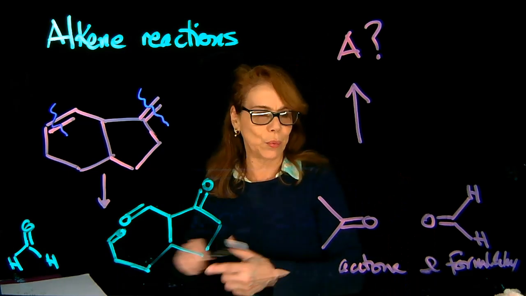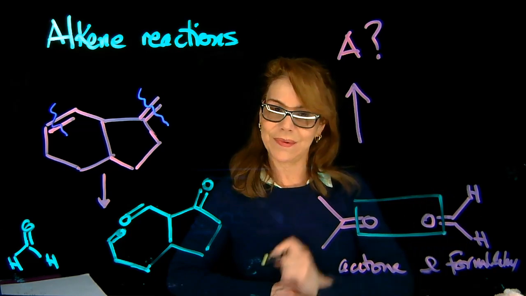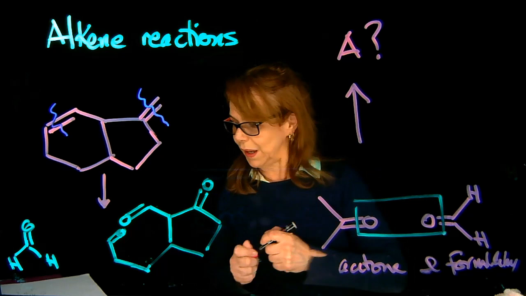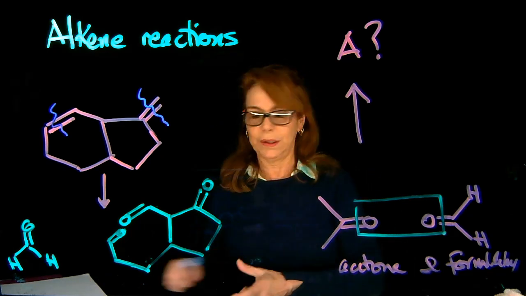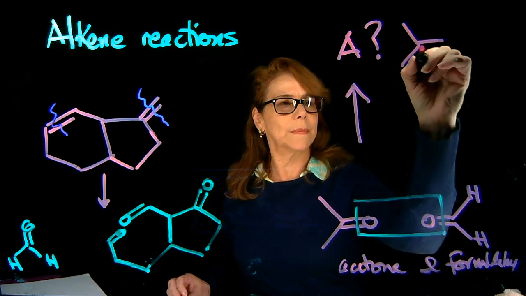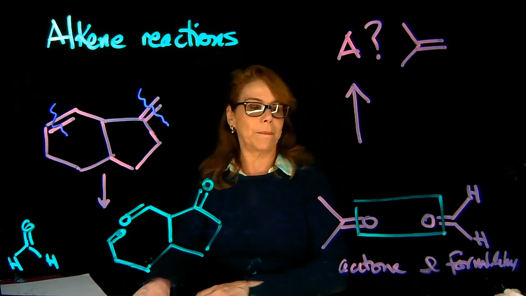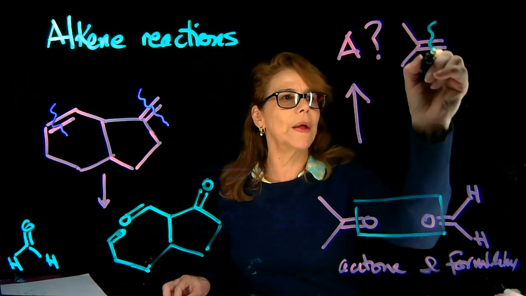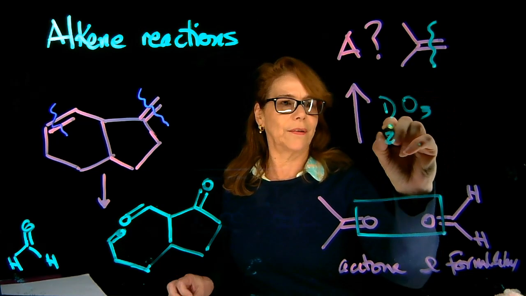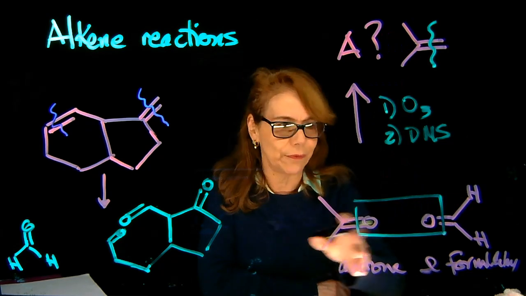So the next step will be connecting these two and removing the oxygen. So the structure of the initial compound is going to be that. You can always check your work because you can do the ozonolysis, ozone then DMS, and that will cleave and form those two fragments.